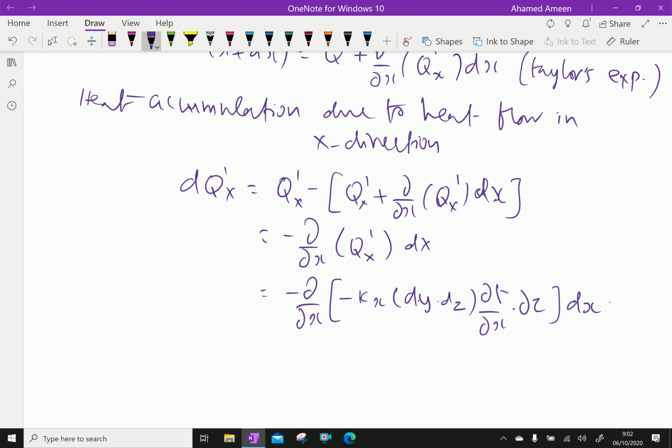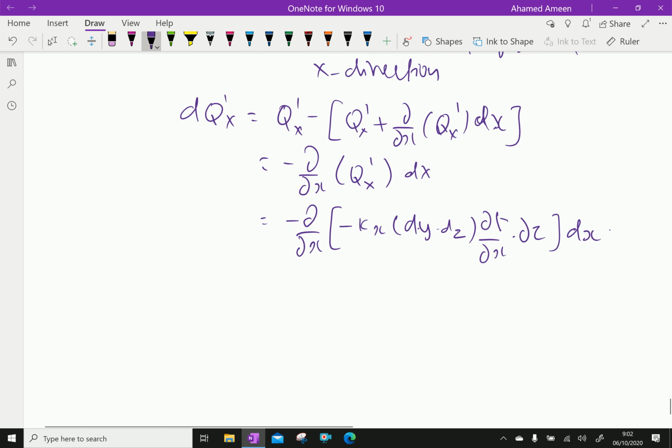Similarly, heat accumulation by considering the x direction, let it be 1. Similarly, the y and z directions are considered.